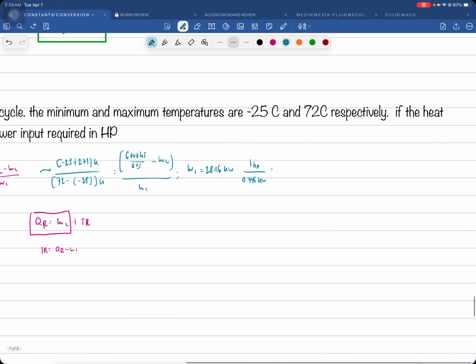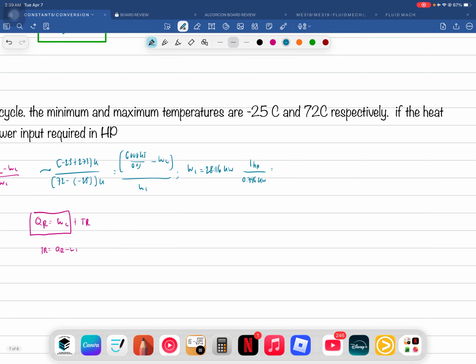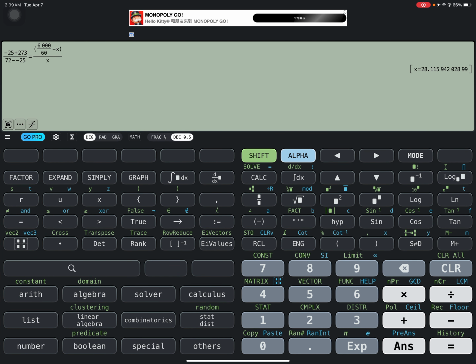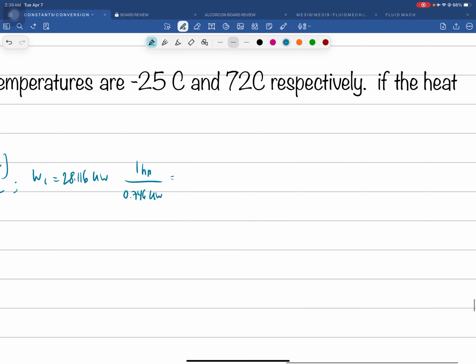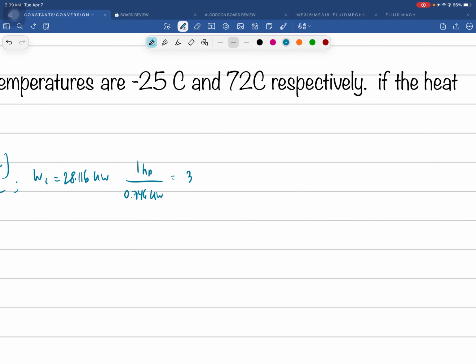Every 0.746 kilowatts, you have 1 HP, no? So, ilan yun? 37.69 HP, no? So we have 37.69 HP or 37.7 HP. Probably 38 na. Sure, no?